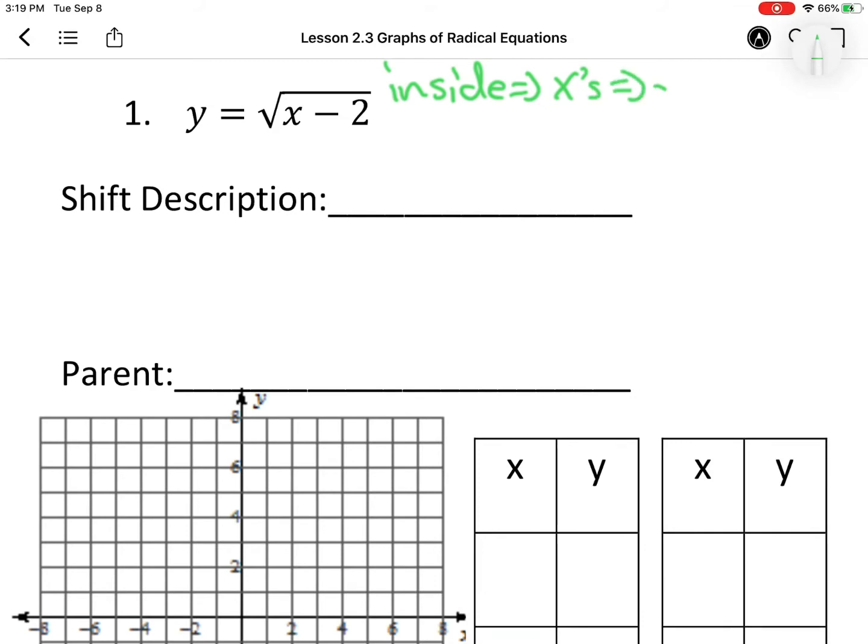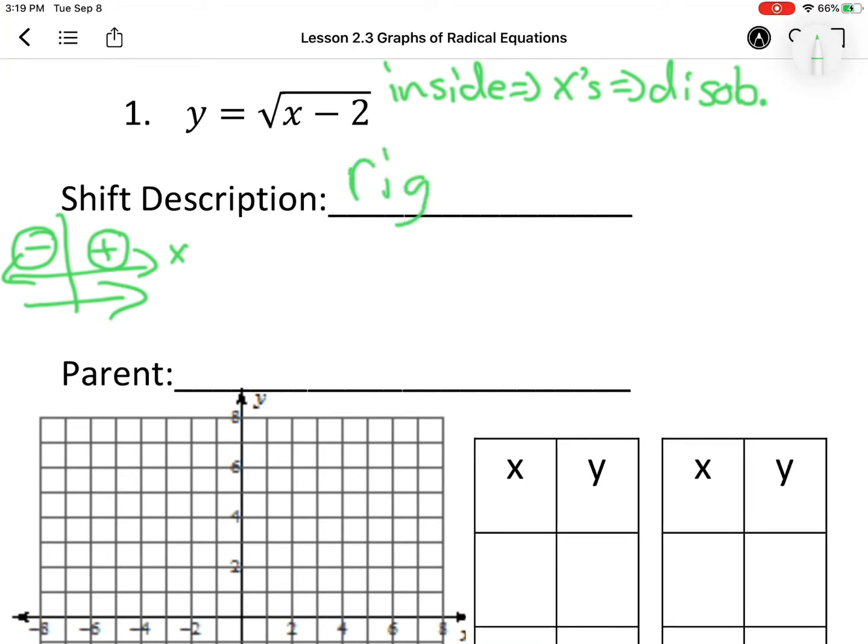That also means we're going to be disobedient. So instead of going on the x-axis, where our typical positive values are on the right, typical negative x values are on the left, we're going to go the opposite way from the negatives. So we're going to go to the right 2.